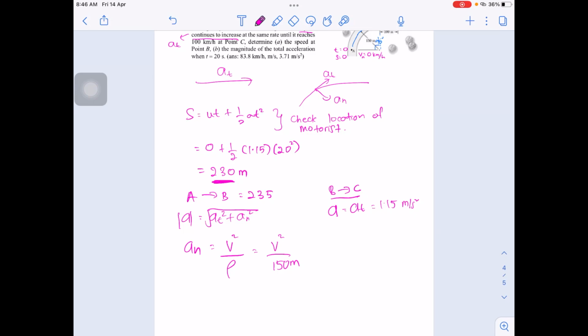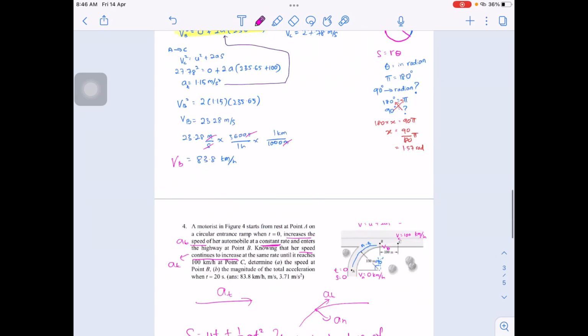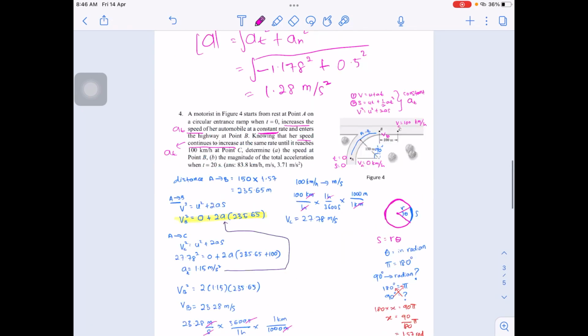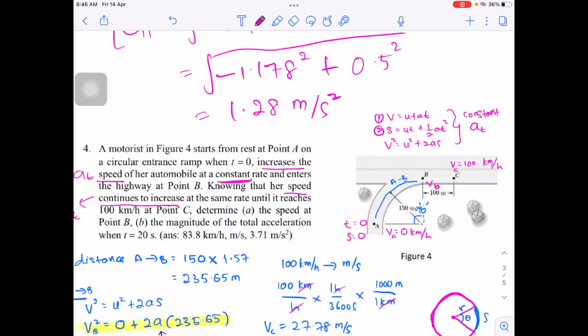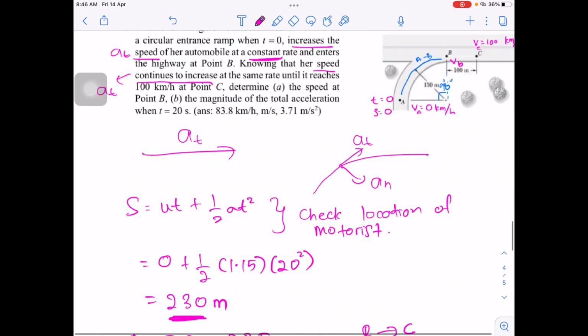You can use the kinematic equations from earlier, whichever you feel is suitable. You can use the first one, it is easier because it is simple: V is equals to U plus AT.